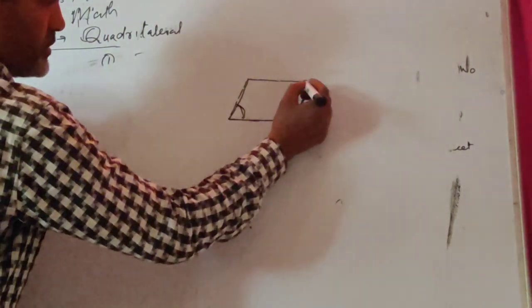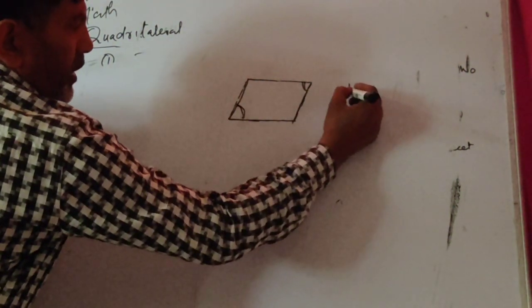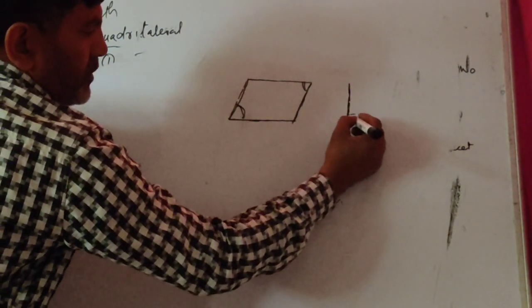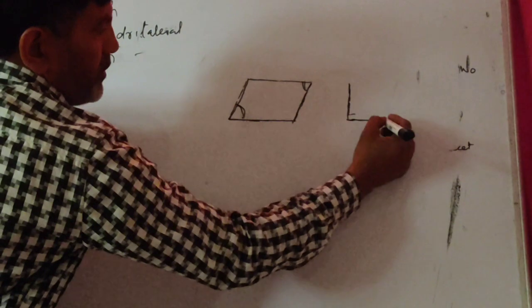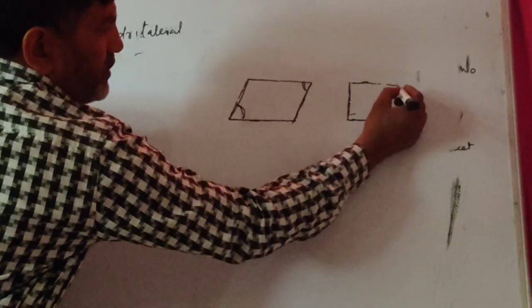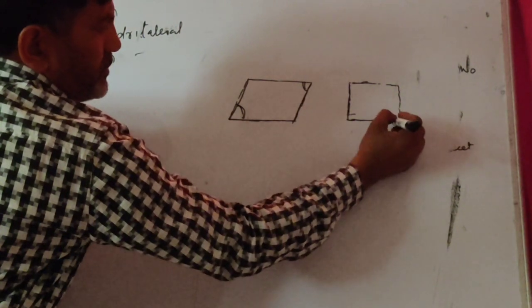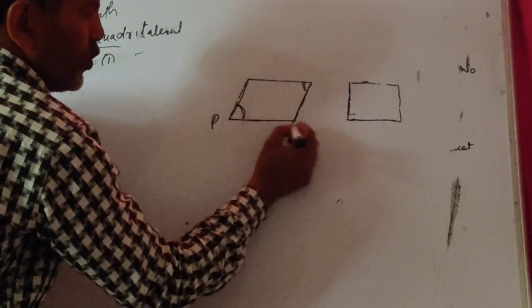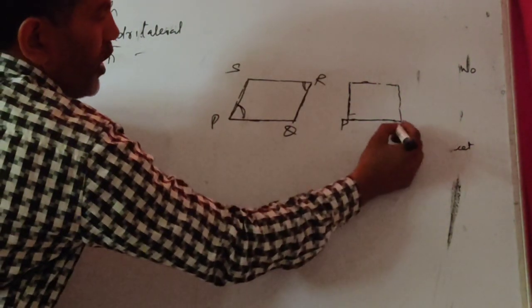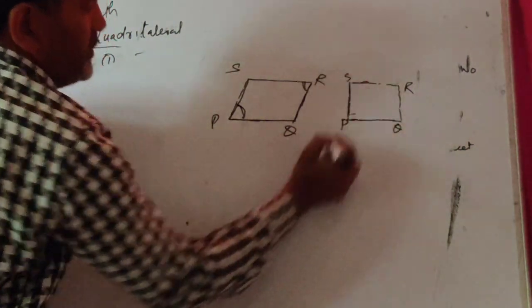This angle is equal to this. And I would also like to draw a square here with all sides equal. So PQRS is a rhombus, and PQRS is a square.